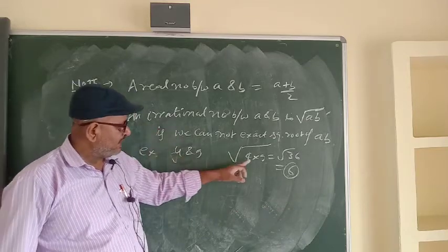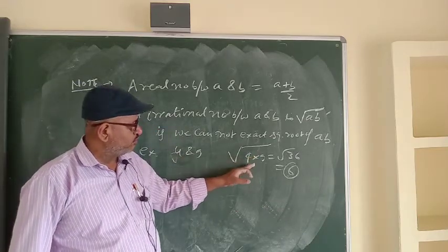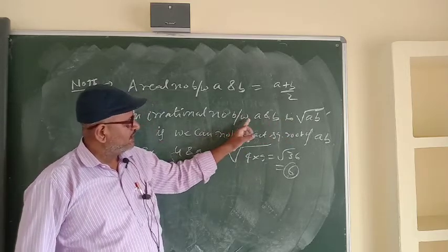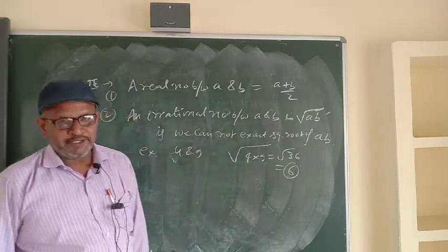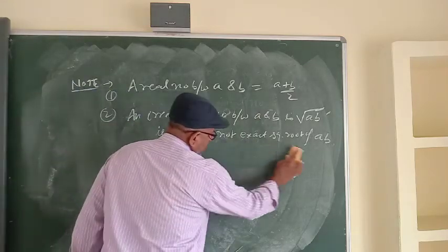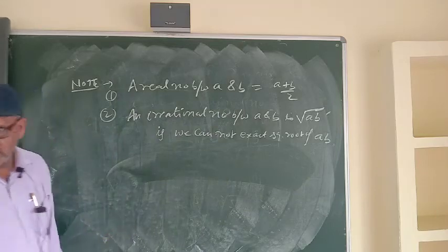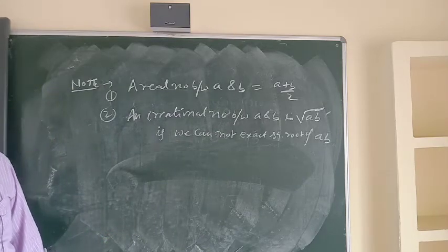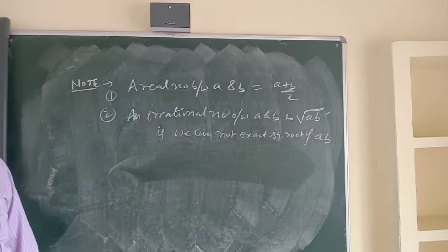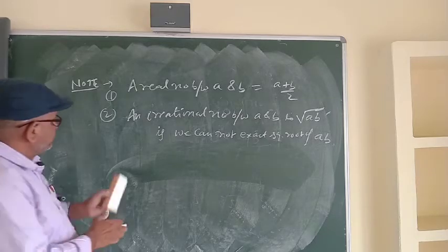So if we cannot take the exact square root of this product, then root ab will be an irrational number between a and b. And many methods are there to insert irrational and rational numbers between two given numbers.